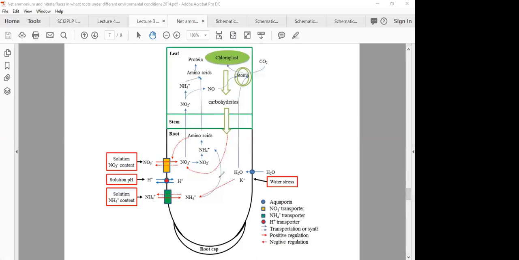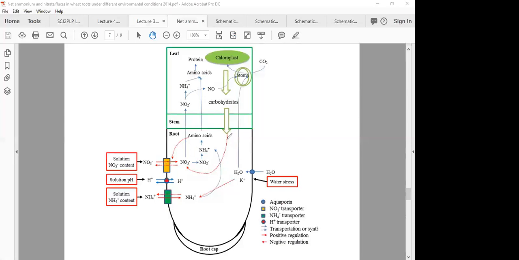Absolutely. There's also another negative feedback regulation, which comes from here. When carbohydrates are being synthesized in the leaves, they're transported around the plant via the phloem. If the carbohydrate concentration builds up in the root cells, then this also will reverse the movement of nitrates, so that there is efflux of those ions back into the soil.